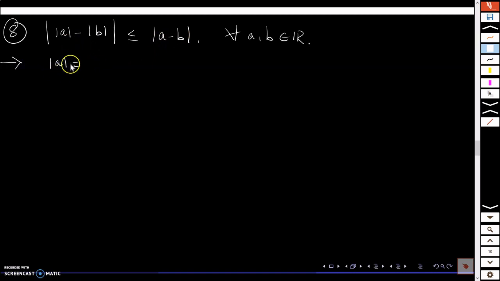Alright, so mod a, I can write this by adding and subtracting b here. So I will subtract b and I will add b. I'm adding and subtracting b, so I'm not changing this expression. If you cancel out b, again you arrive at this expression, that's mod a. I will consider this as my first term and this as my second term, and apply the triangle inequality.